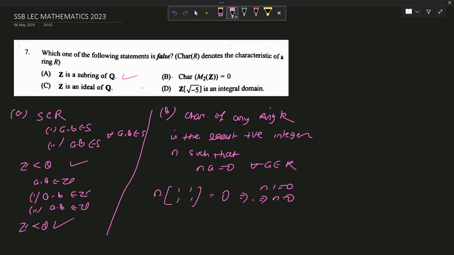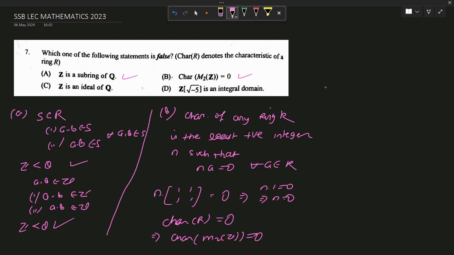So there doesn't exist any positive integer. If there doesn't exist any positive integer, then we can say the characteristic of that ring is equal to 0. Therefore the characteristic of M2(Z) equals 0. So option B is also true.